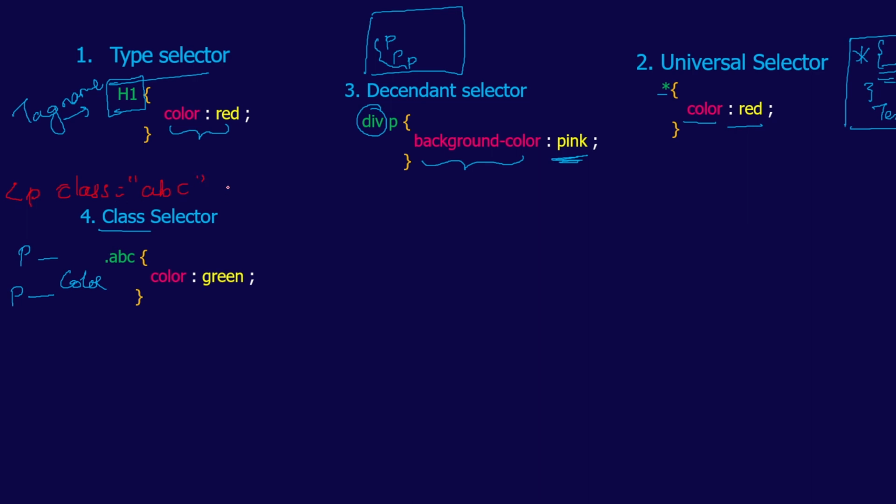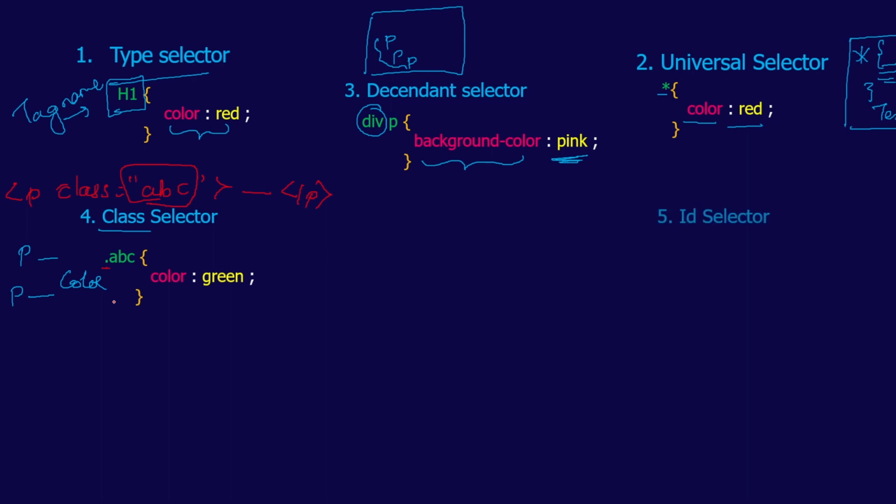Now I have given ABC over here, and then you continue your paragraph and close it. In the CSS, before that class name you just add a small dot, then write the class name, and then give the properties that you want. So this is known as the class selector, and with the help of this you can discriminate between two paragraphs or two elements which should not be similar.